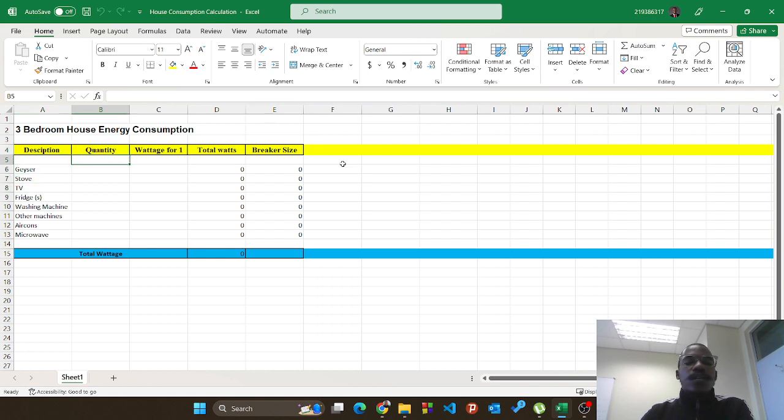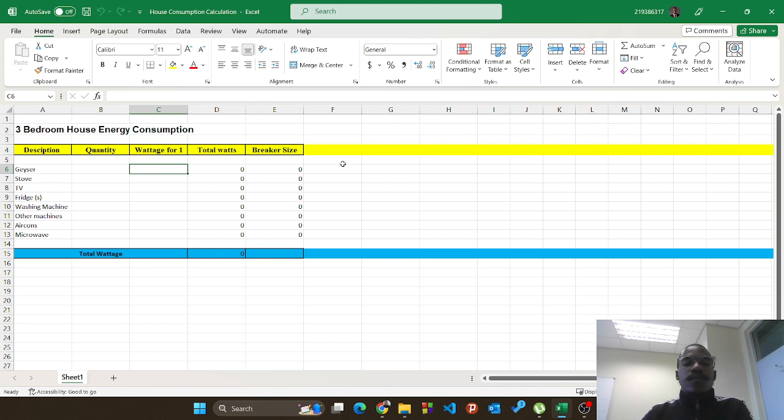The quantity here is just to specify, for example, how many geysers and how many stoves there are. It depends on what the client wants, but since we are looking at just a normal household, we are just gonna take different quantities as possible. And then the wattages, we're just gonna take the basic wattages for a normal household.